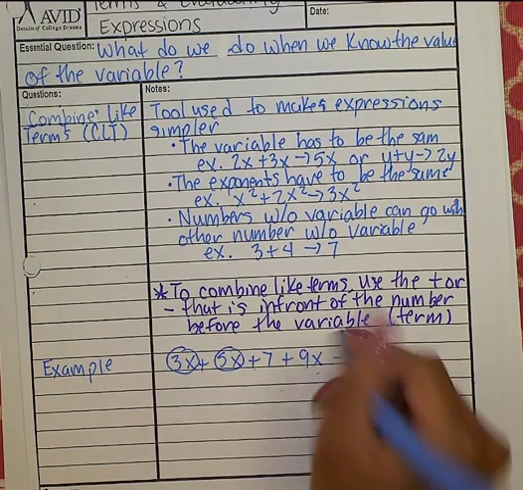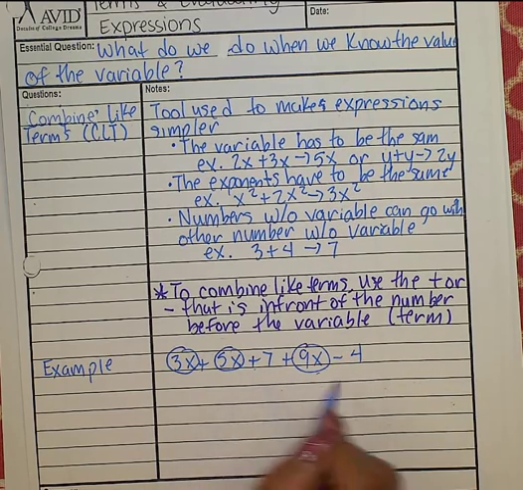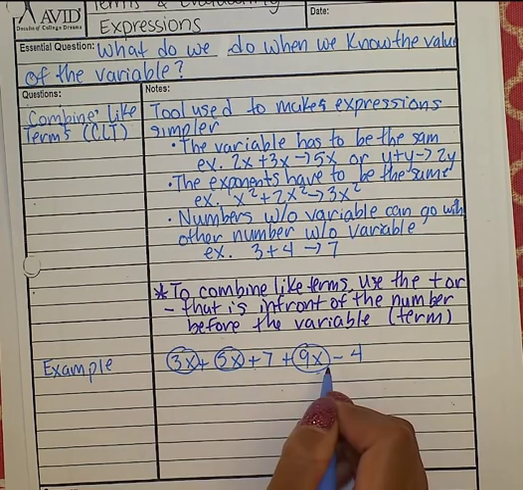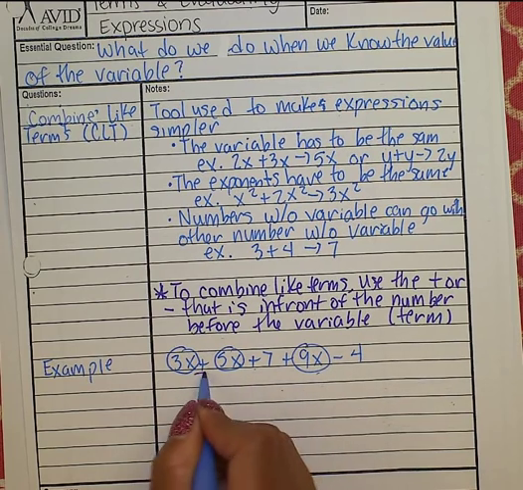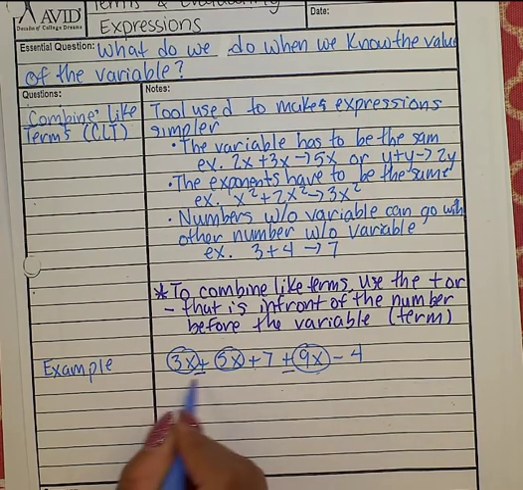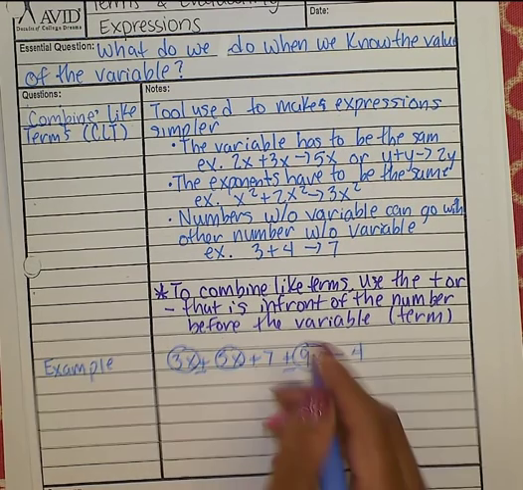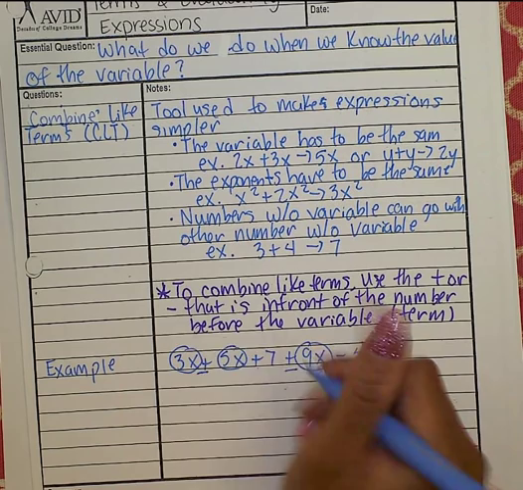So does 9x, with the same variable and the same exponent. So I can do 3x plus 5x plus 9x. I notice there's a plus sign before each of the terms, so I know I'm adding them. Then I'm left with 17x.